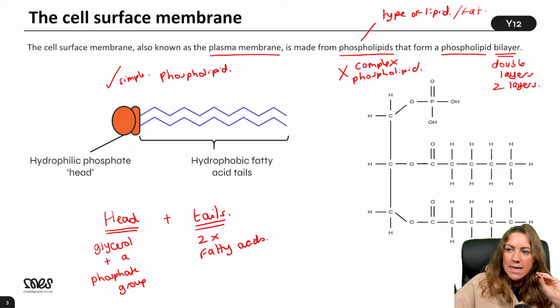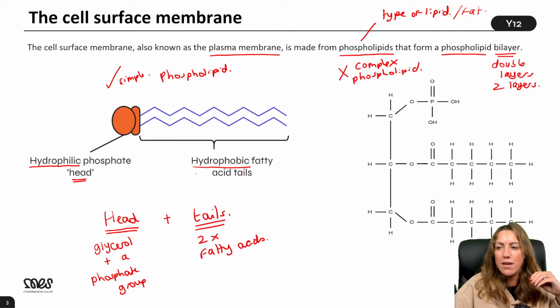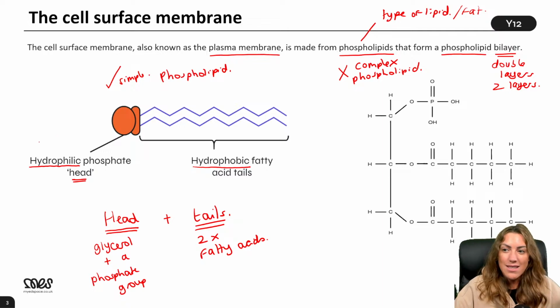Now the head, we've described on my slide here as hydrophilic. Does anyone know what that means? Hydrophilic. Whereas the fatty acid tails are hydrophobic. What do those key terms mean? Because you do have to be able to define them in A-level biology. Esther says water loving. Yeah, something to do with water. Yeah, water loving and water hating. Now, we're not going to say that in an exam, but you are right. That's what it translates to, water loving and water hating.